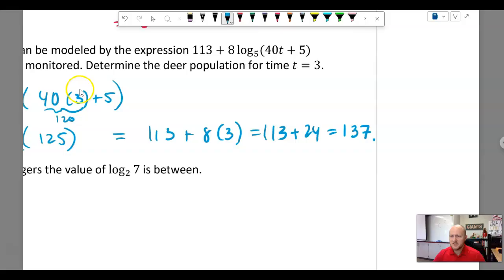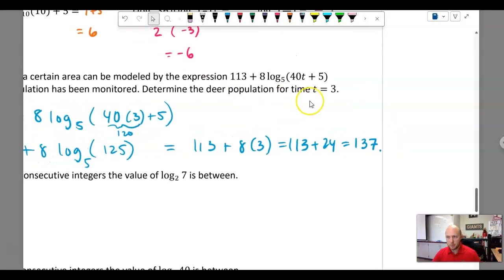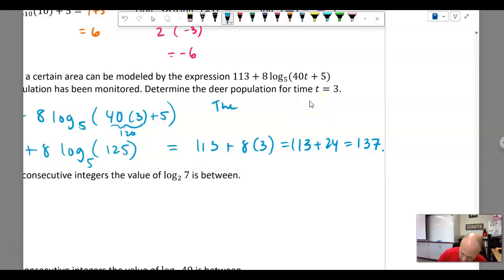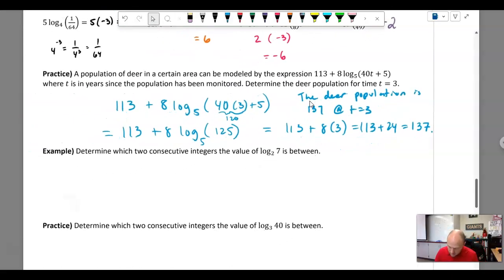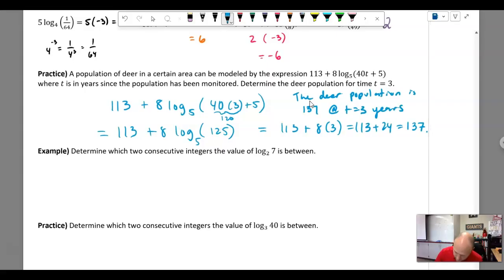Okay, and because this is in context, what is this 137? It's the deer population. So the deer population is 137, specifically at t equals 3 years since they were starting to be monitored.